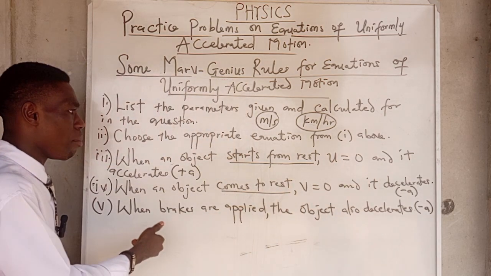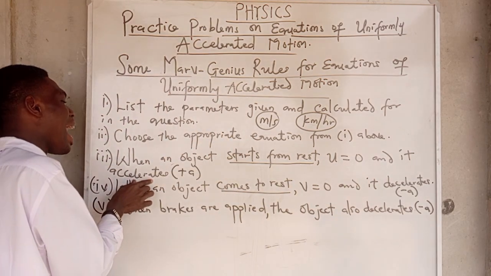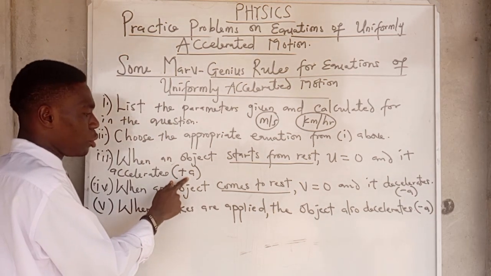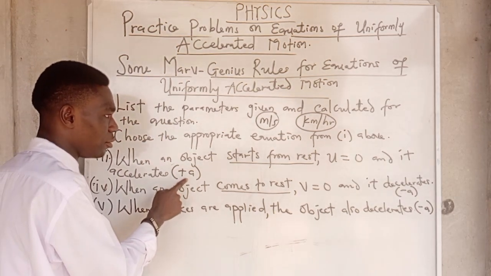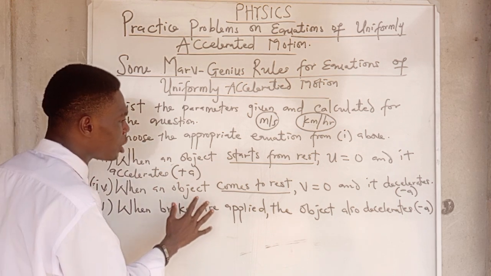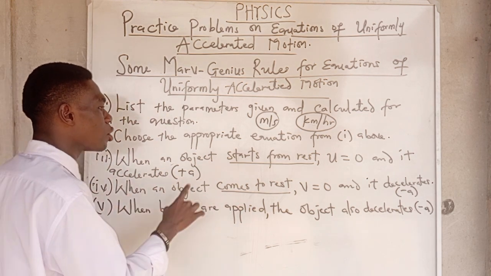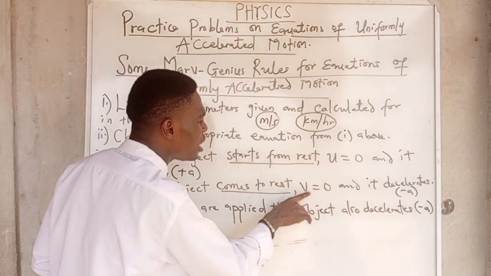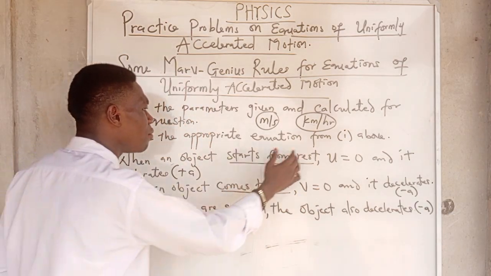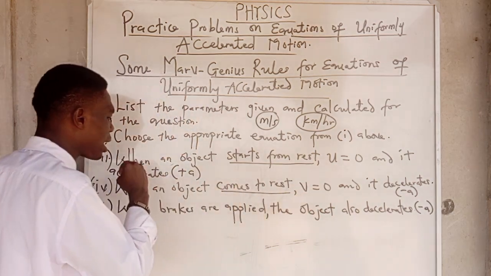And if it starts from rest and starts moving, it means that it actually accelerates, and so we have positive acceleration. Are we together? Now the value of acceleration will be positive. That's the meaning. Then another question you can have is that an object comes to rest. So when an object comes to rest, final velocity v is equal to 0. Take note of that. So you must not always be given the value of this and this. Sometimes it can be implied.